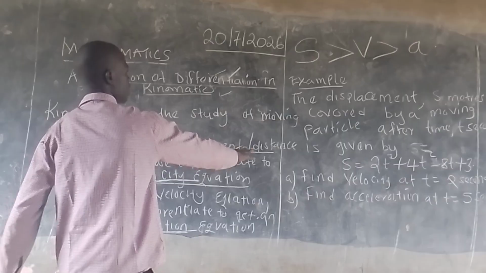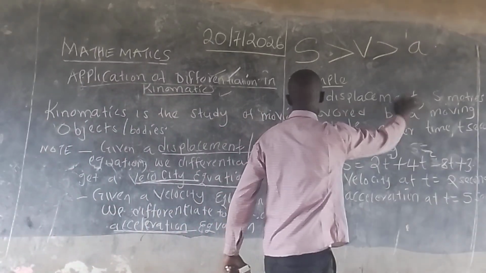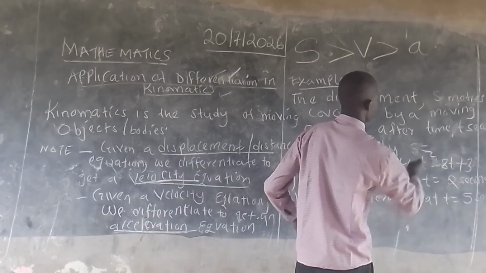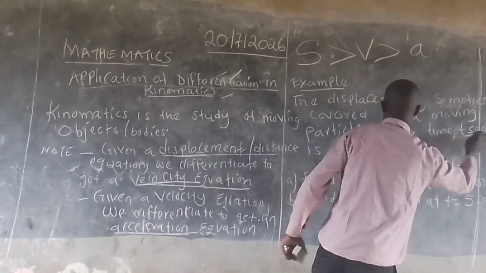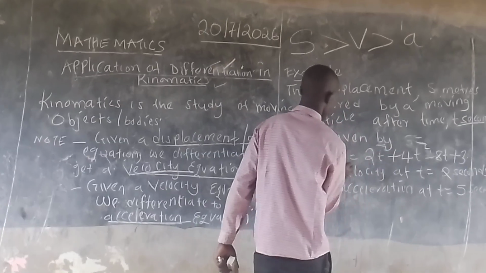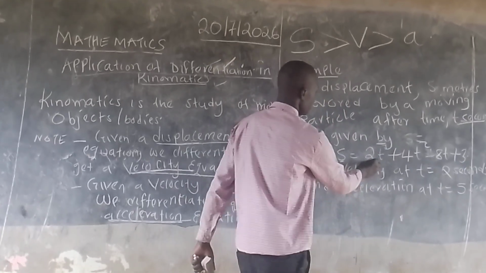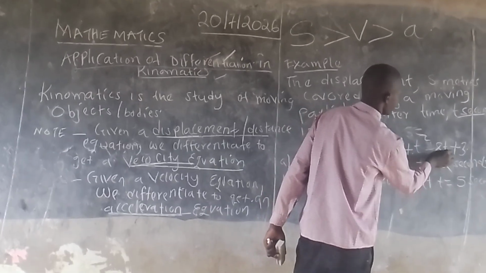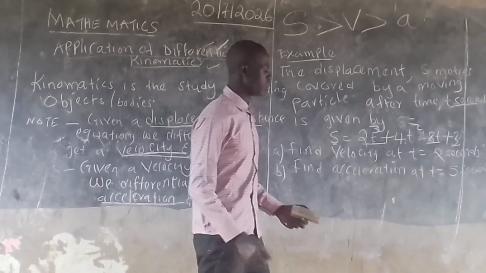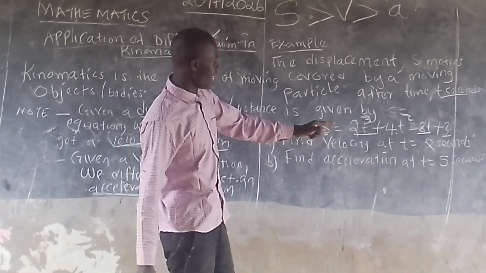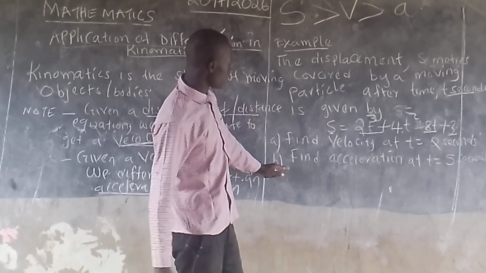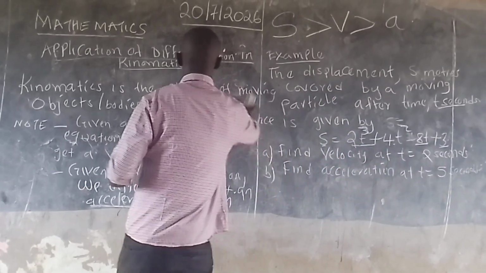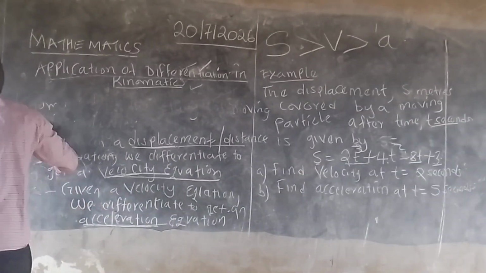So the displacement s meters covered by a moving particle after t seconds is given by the equation s, which stands for displacement, equal to 2t cubed plus 4t squared minus 8t plus 3. The question says find the velocity at t equal to 2 seconds, then part B, find the acceleration at time equal to 5 seconds. Let us be able to navigate through that question.